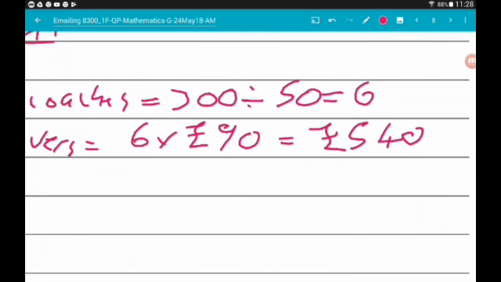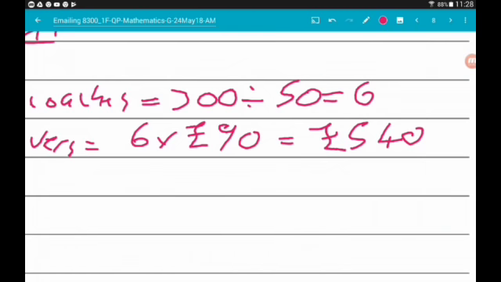So 6 times 100 is 600. 6 times 40 is 240. So that is going to give us 840 pounds. So that's the total fuel cost.